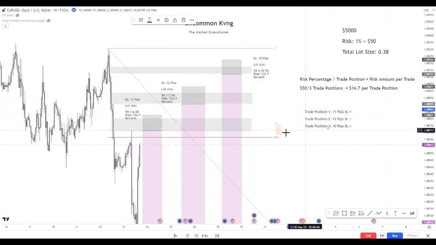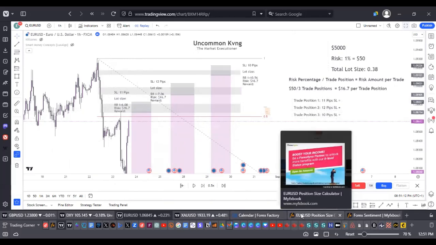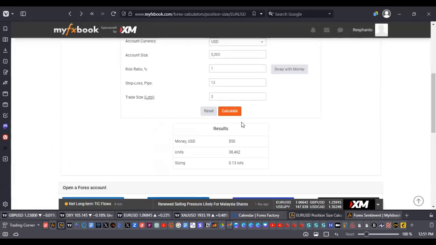So we're going to go to our calculator right now, which is here. So Mark, don't forget this 11 pips. We're trying to calculate how much lot size we're going to use for this position, right? So first we are here.